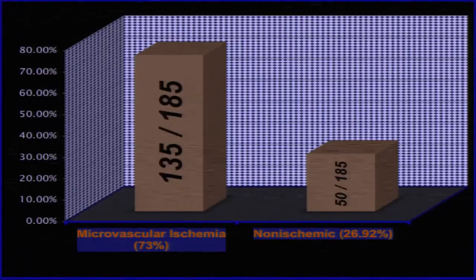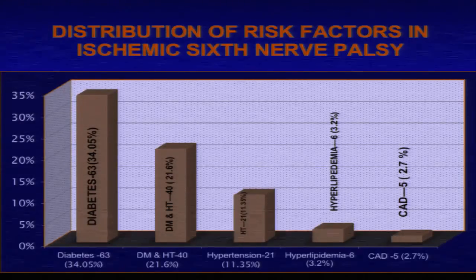In our study, microvascular ischemia, which constitutes 73%, is the most common cause of isolated 6th nerve palsy. The distribution of risk factors in ischemic 6th nerve palsy in our study: diabetes constitutes 34.05%, diabetes and hypertension 21.6%, hypertension alone 11.35%, hyperlipidemia 2%.